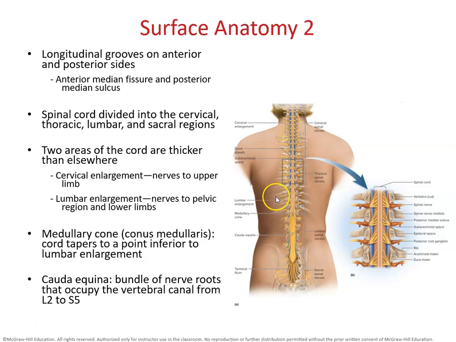And then you will all remember the thoracic vertebrae, so we have the thoracic region, and then the lumbar region, and then the sacral region. And then we have 2 places on the spinal cord that are extra wide in diameter. That's up at the cervical enlargement and then down at the lumbar enlargement.